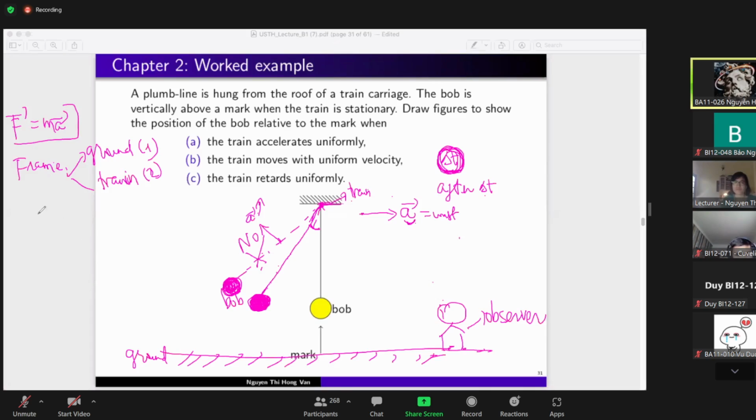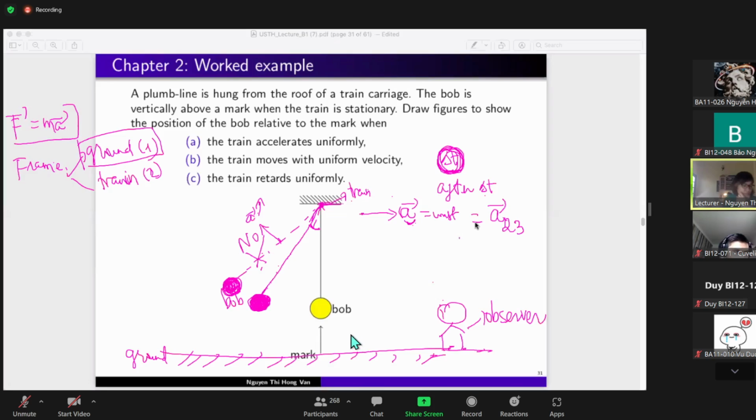Then in the frame of the train, the train has the acceleration? Yes. The train has acceleration A, the acceleration of the train with respect to the ground. Very good. So acceleration of the train means acceleration of the train with respect to the ground, in the language of the train.